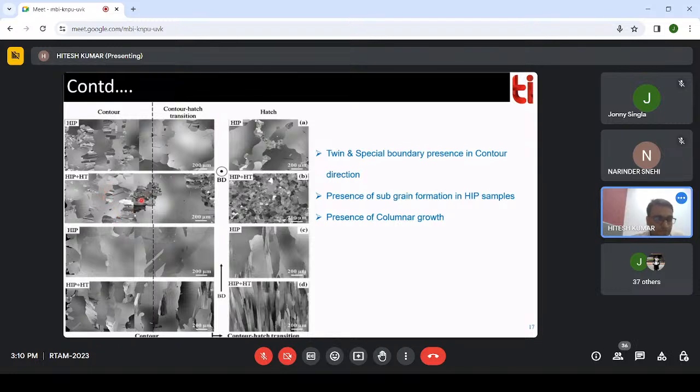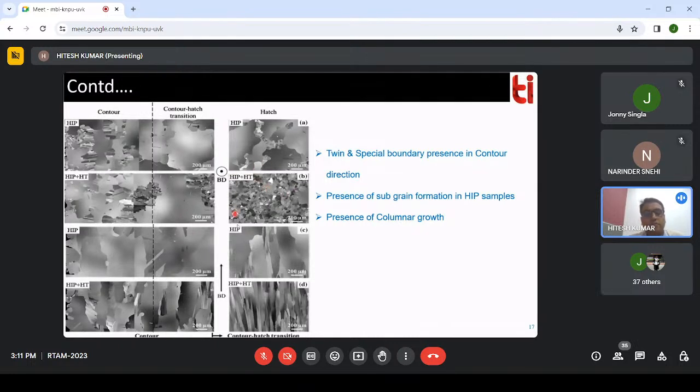And in this direction, these are only the contour direction. When we talk about the H direction, after HIP plus heat treatment, and the build direction, as already shown, there is a fraction of some fine grains.